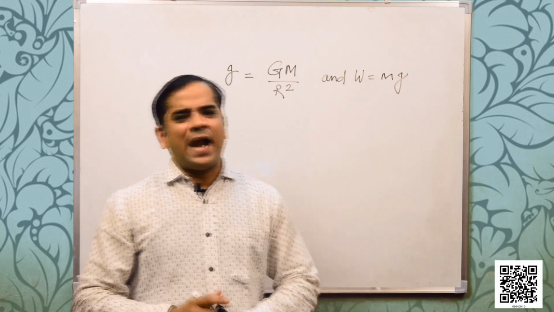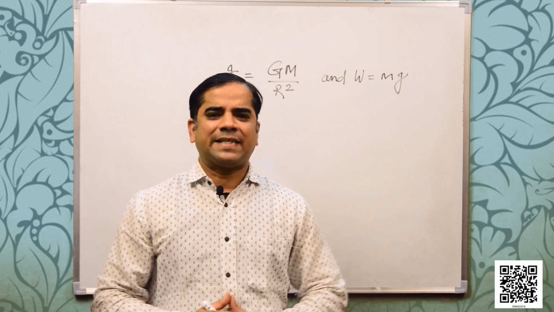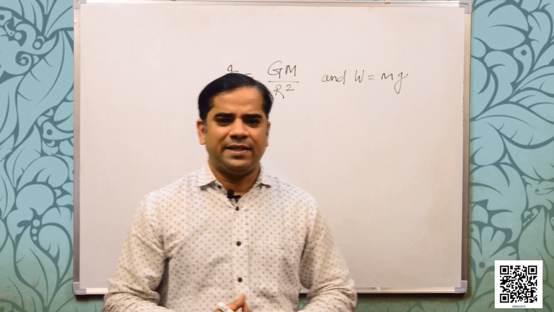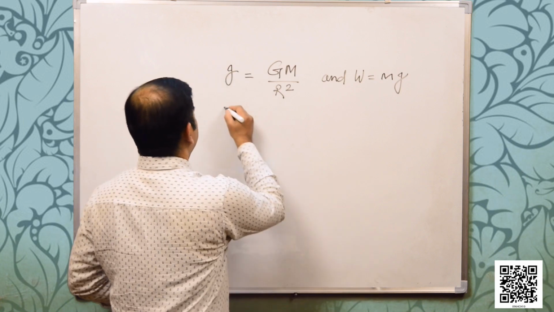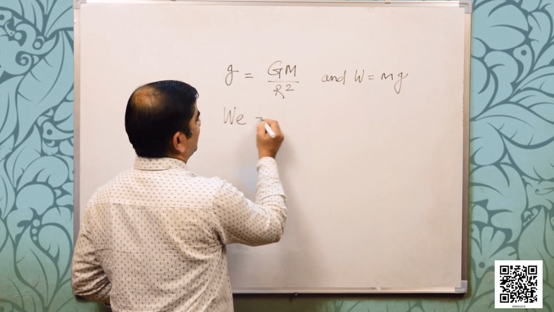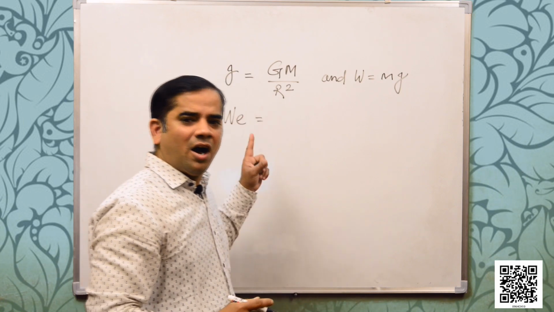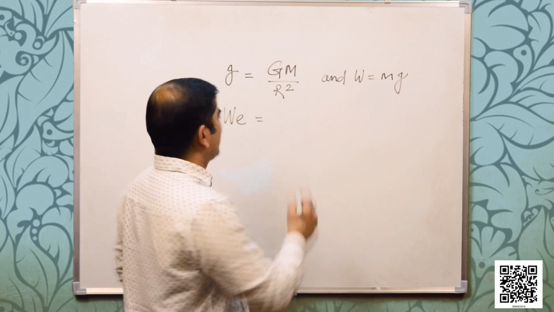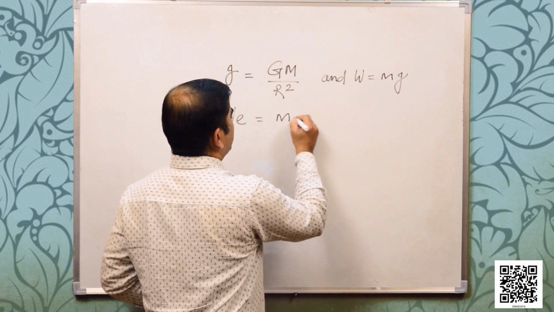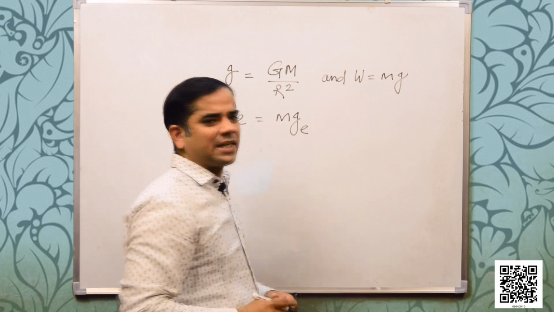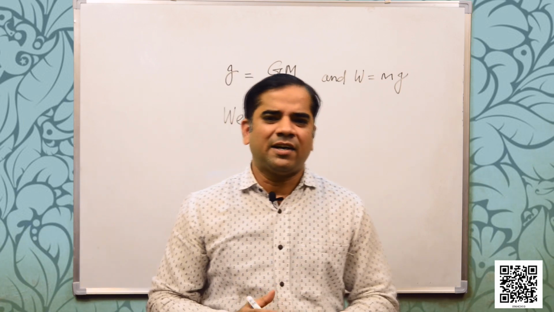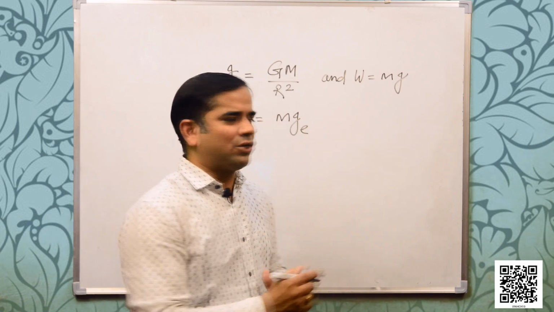So, weight of a body of mass m on earth is WE, that is weight on earth, mass times acceleration due to gravity at earth.